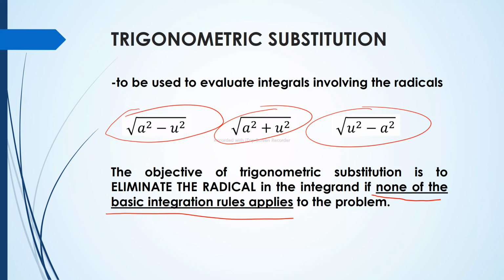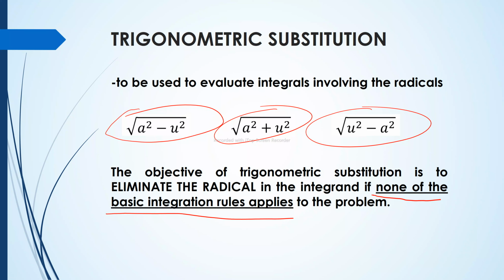But if the inverse trigonometric function can be used in a given integral, then you're going to use that one. But there are certain cases, or problems, or integrals, or differential equations in such a way that we cannot use the inverse trigonometric integral rules. And here we're going to eliminate the radical signs by using trigonometric substitution.